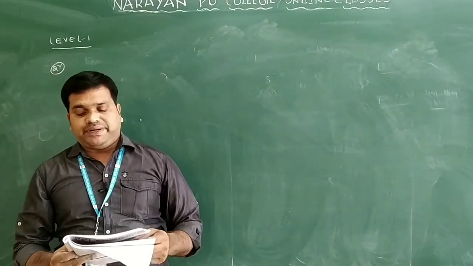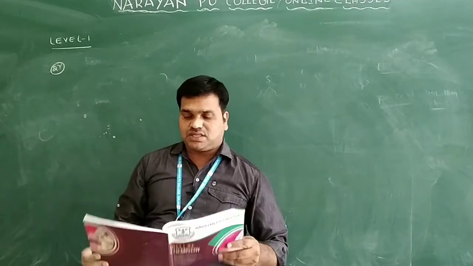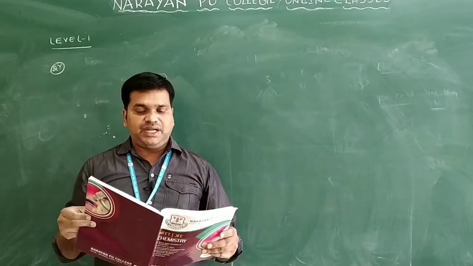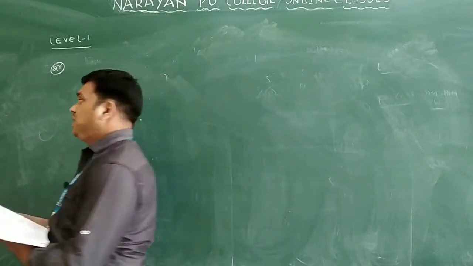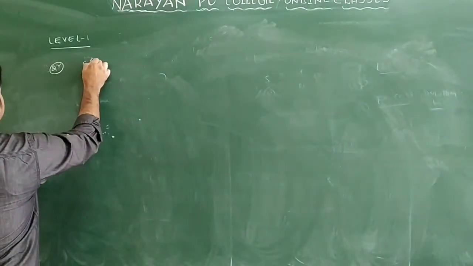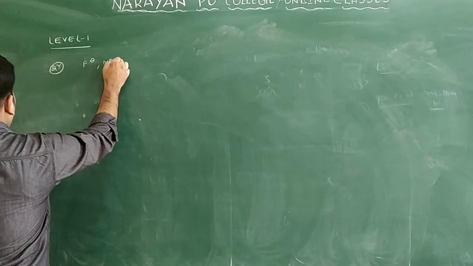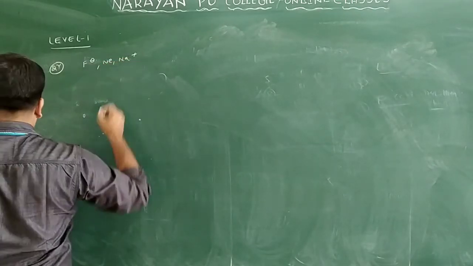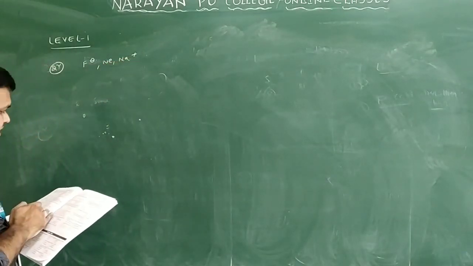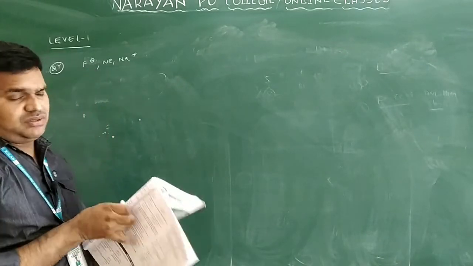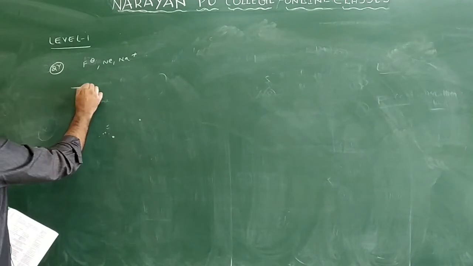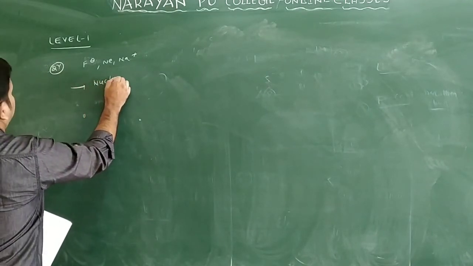See the next question, 27. The size of the isoelectronic species F minus, Ne and Na plus is affected by what? F minus is given, neon is there, and one more we have, Na plus. What is the effect? The effect is mainly because of nuclear charge.